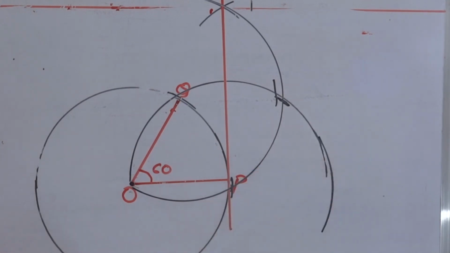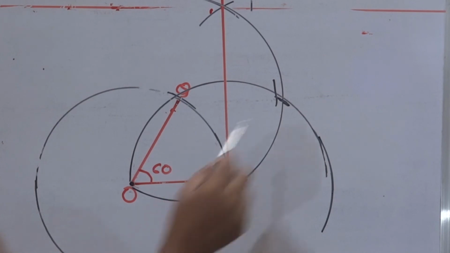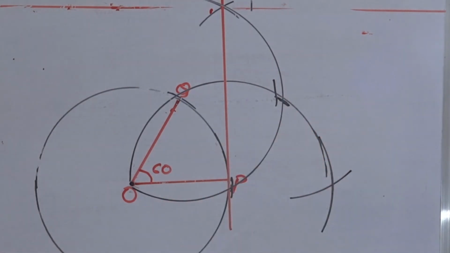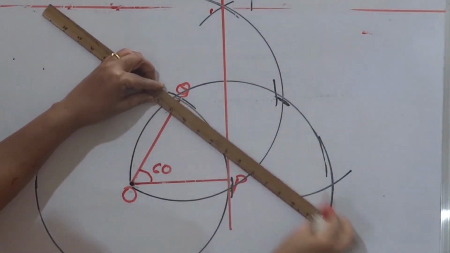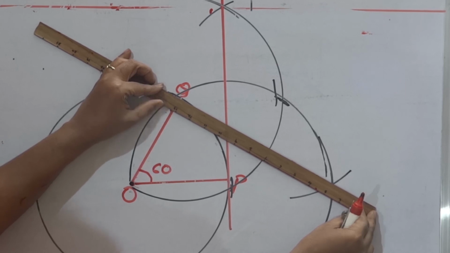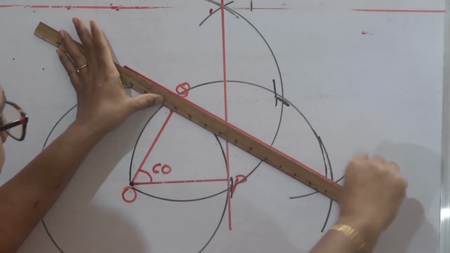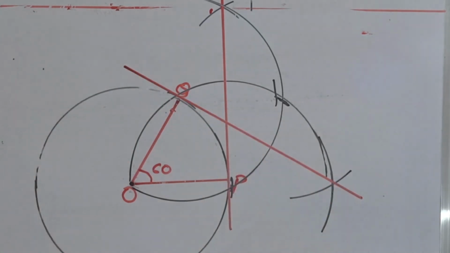Make two more arcs such that these two arcs intersect each other in this way. Now, join the point of intersection and the point Q. In this way, we have two tangents passing through P and Q.